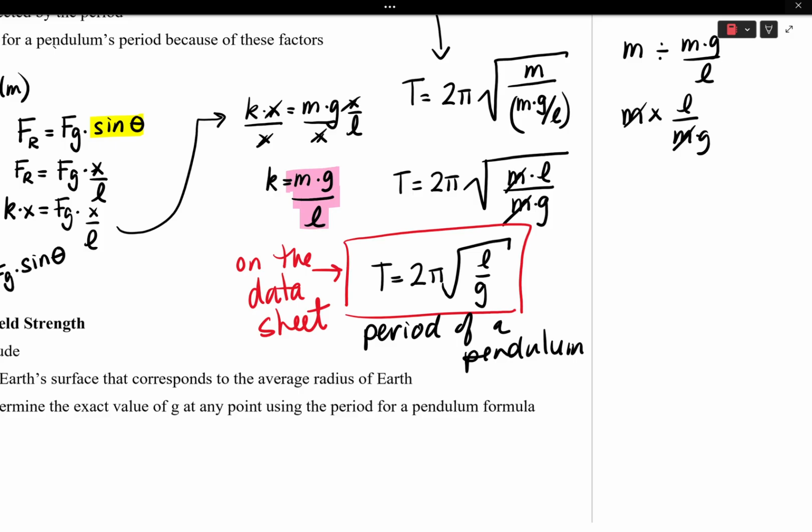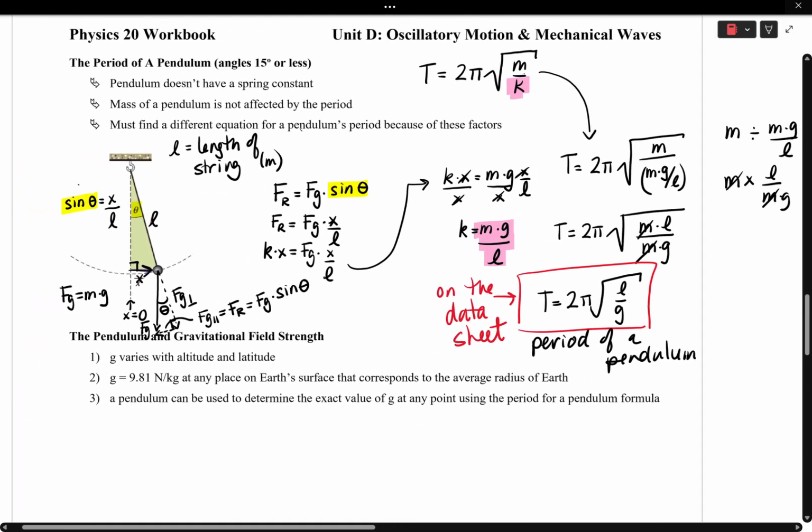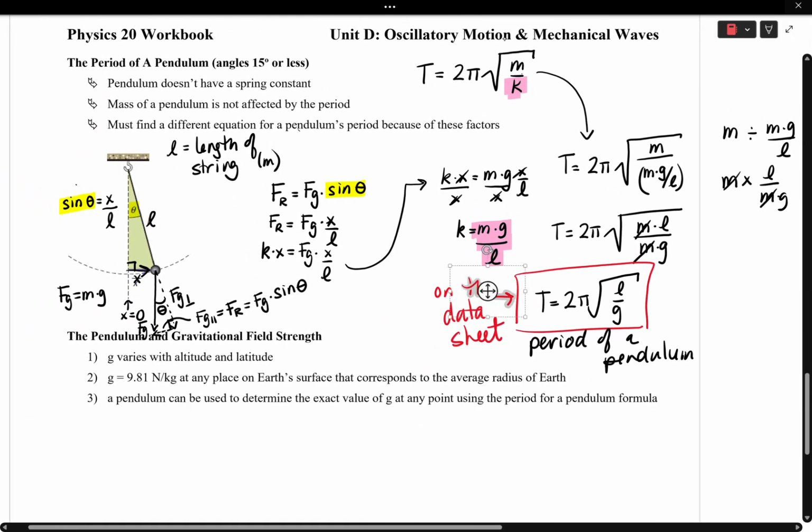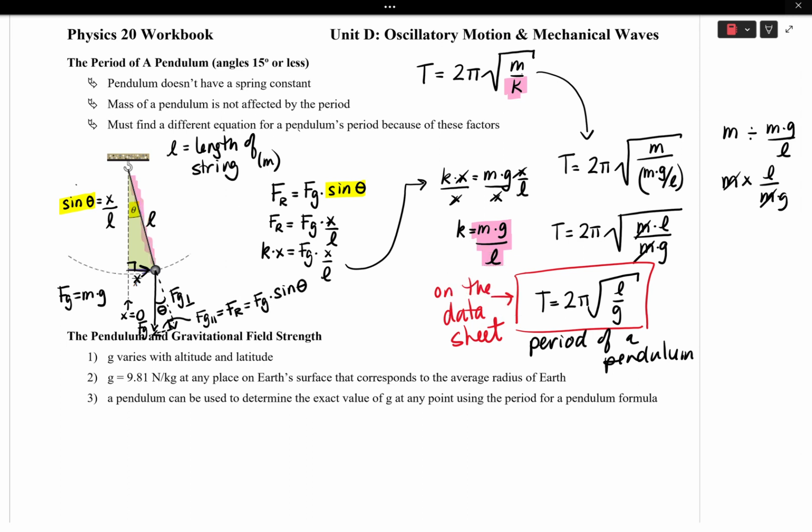It's dependent on the length of the string that the bob is hanging from. So this length of string here is going to determine your period, and gravity. So you need to remember then that a pendulum's period will be determined by gravity.